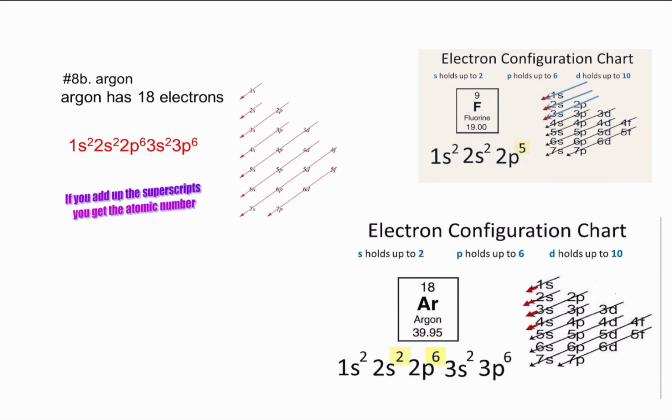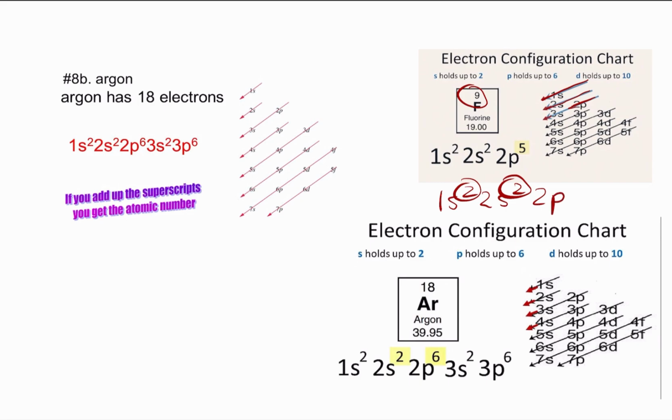If we even look at fluorine now, fluorine has 9 electrons, right? So we're going to look at our handy chart: 1s2, 2s2. We're at 4 electrons right now. So how many electrons do we need left? 5 more. So now we're going to go to our 2p and cross that out.